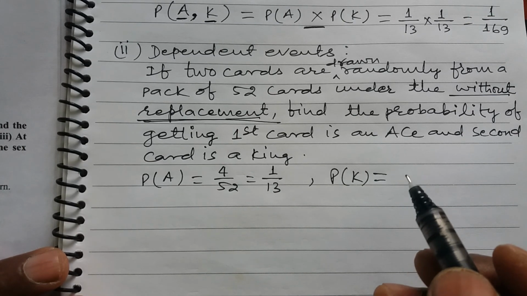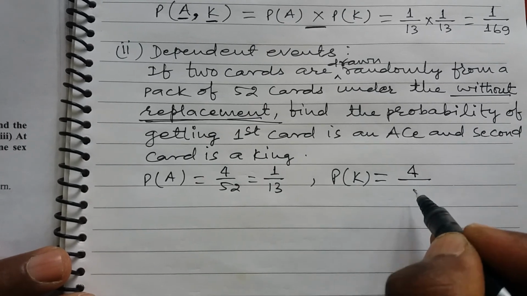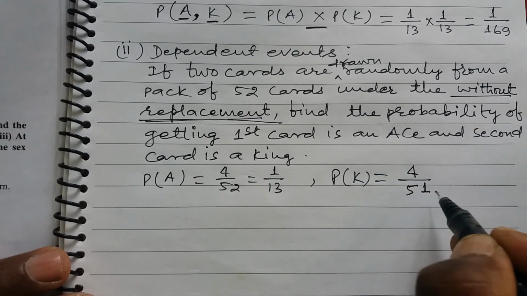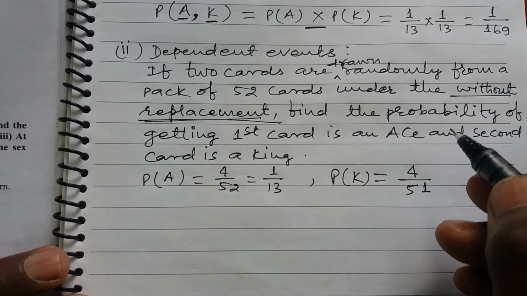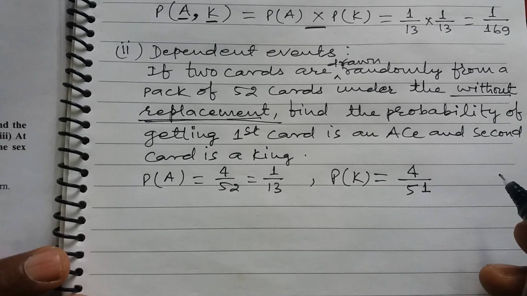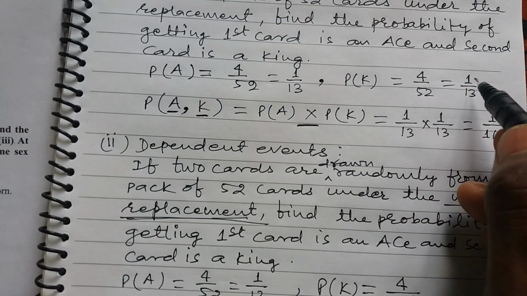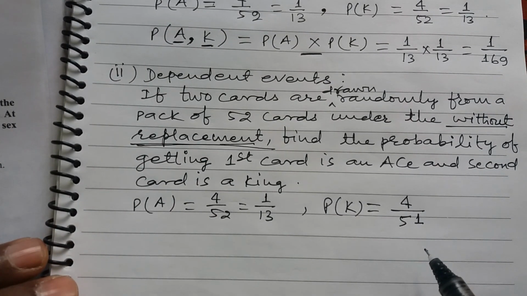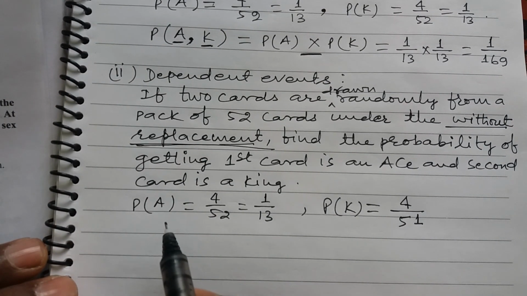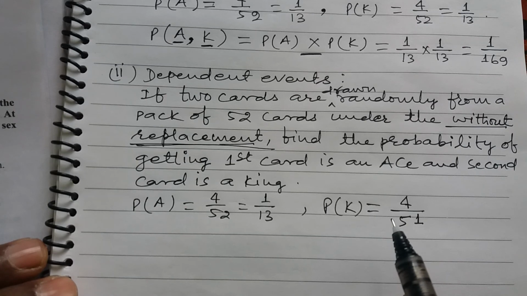Among 51 cards, 4 cards are king card. So 4 by 51 only, not 52, because first card is not kept again in the pack. Here you have got probability of king is 4 by 52, but here you are getting 4 by 51. Because of taking out the first card, probability of second card is affected.